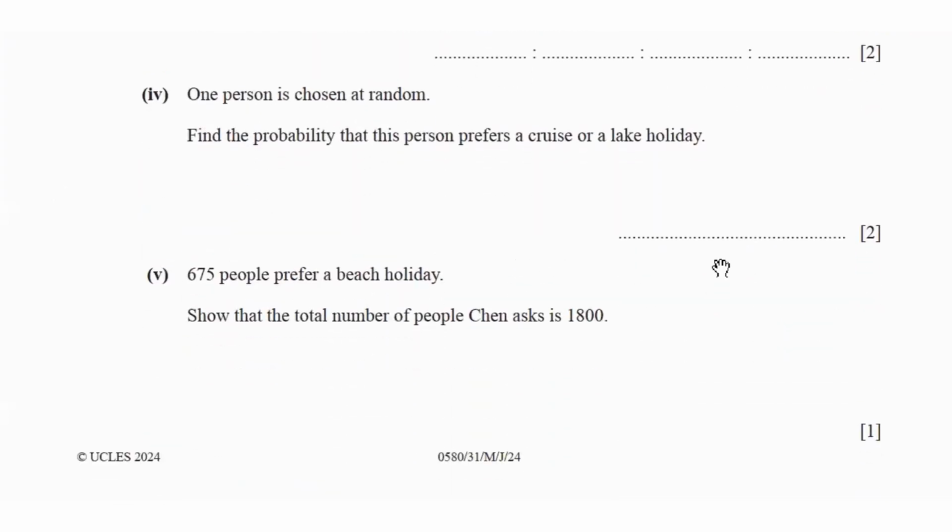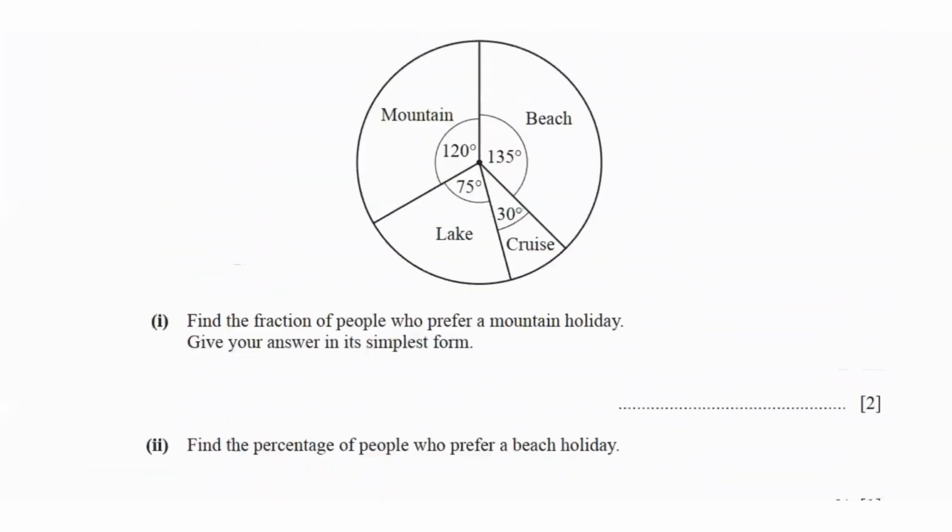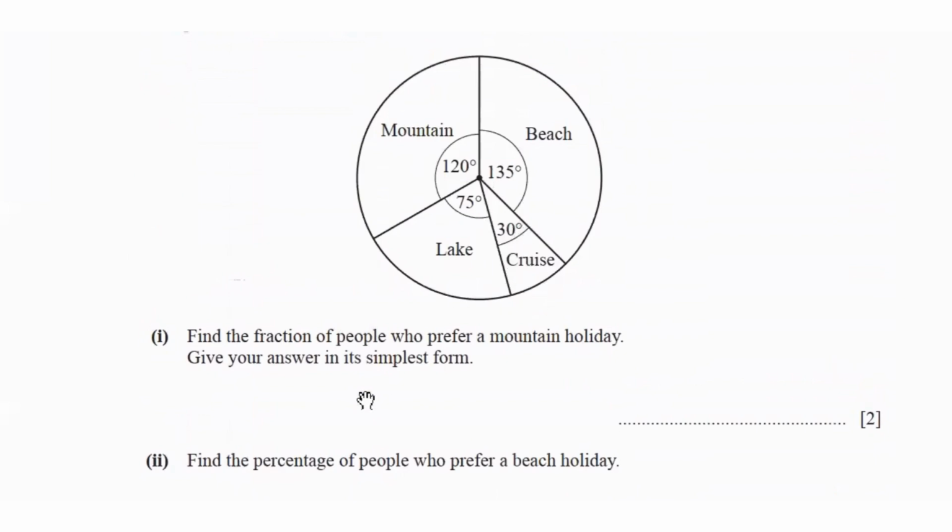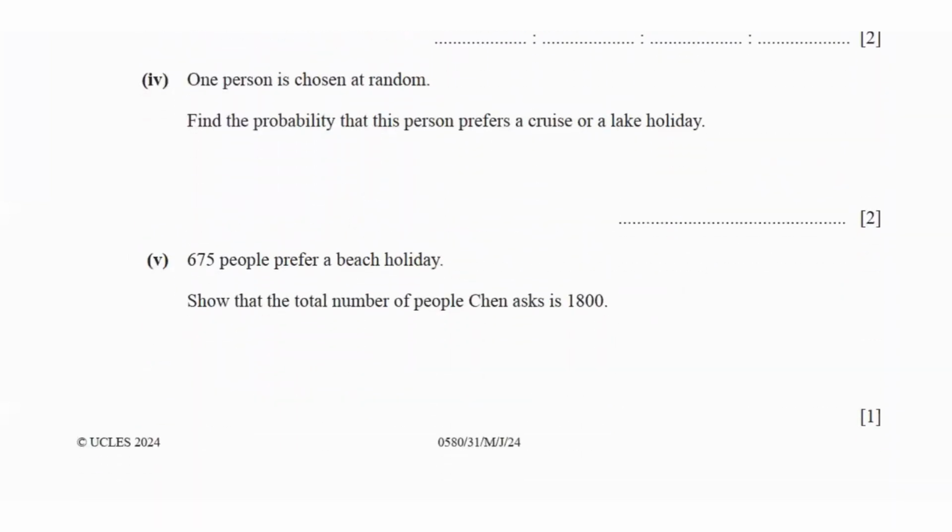Next part says that one person is chosen at random. Find the probability that this person prefers a cruise or a lake holiday. So if he prefers a cruise or a lake holiday, cruise is 30 degrees and lake holiday is 75 degrees. So we're going to do 30 over 360. That is the probability of the person choosing cruise. Plus, because whenever it says or, that means addition. If it says and, that means multiply. So lake holiday is 75.